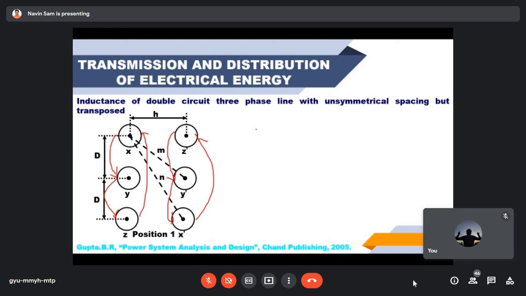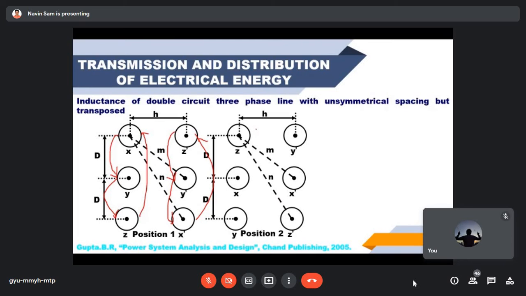By doing this transposition, you will get a position like this.